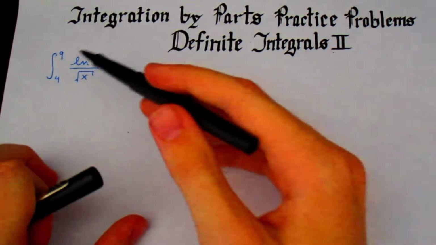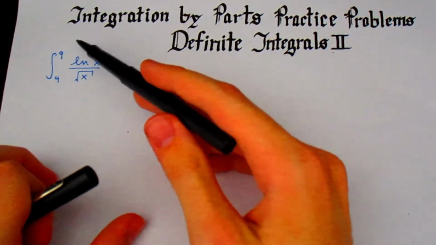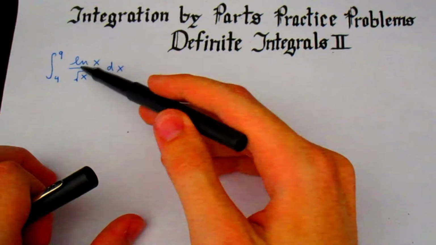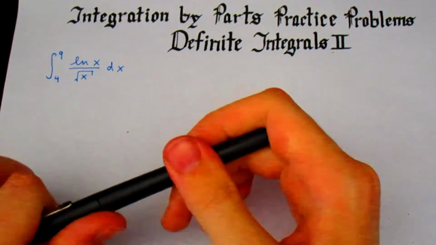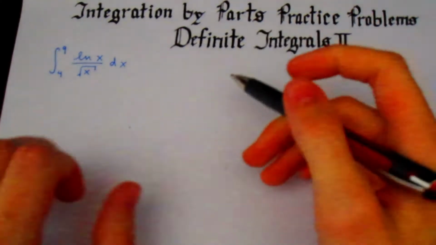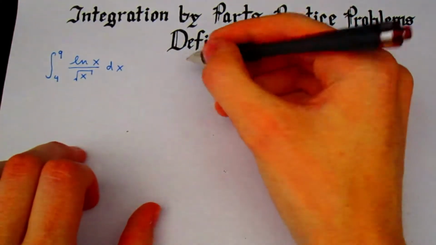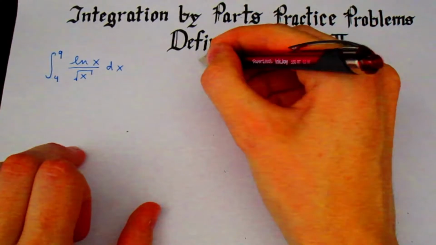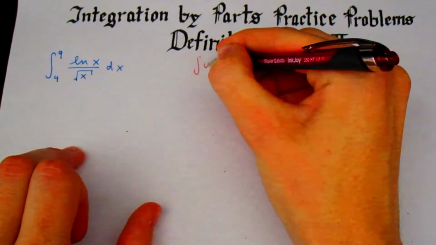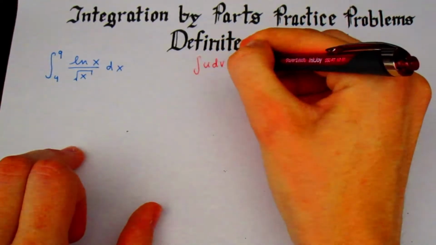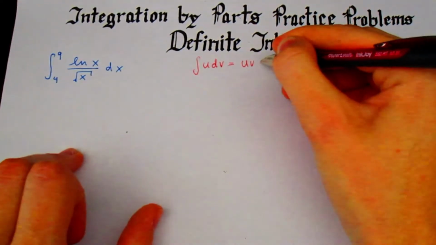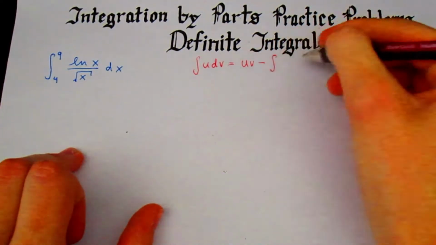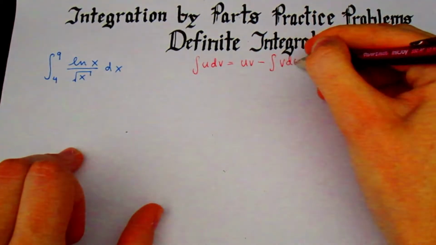So we have the definite integral from 4 to 9 of ln of x over the square root of x dx. It's important to note the formula for integration by parts, which I derived in a previous tutorial. It goes that the integral of u dv equals u times v minus the integral of v du.